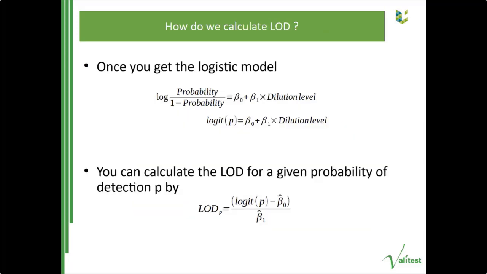Well, once you get the equation of the logistic model with the values of beta 0 and beta 1 which fit your observed values, you can very easily calculate the limit of detection for any given probability by the formula on the screen, which is the logit of the probability minus beta 0, divided by beta 1.